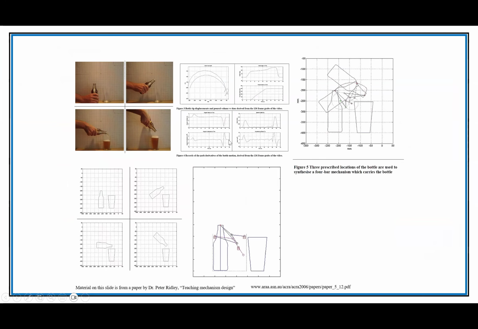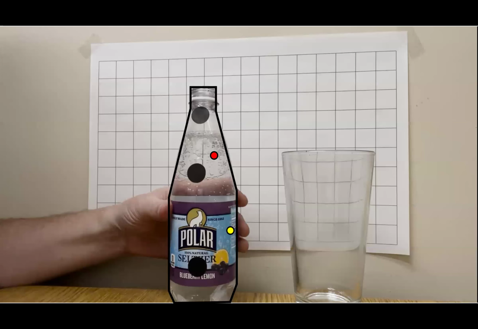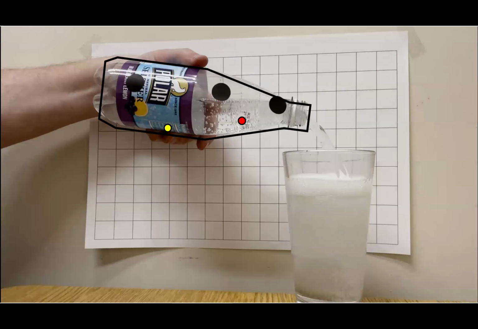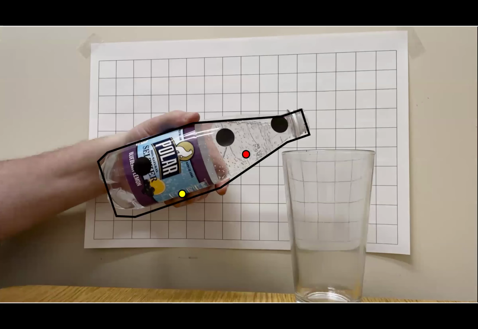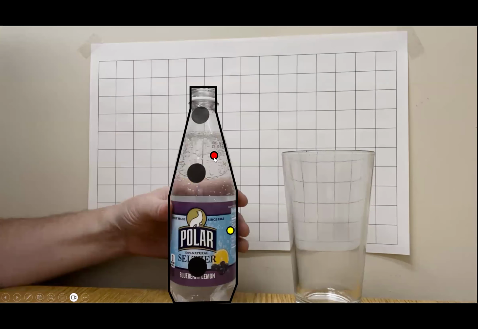as we mentioned one other time, a useful and interesting problem that I have based the project on previously is trying to pour a malted beverage, making a mechanism to do it. So here's me trying to pour a bottle and the connection points that I've tried to choose as I was doing it.